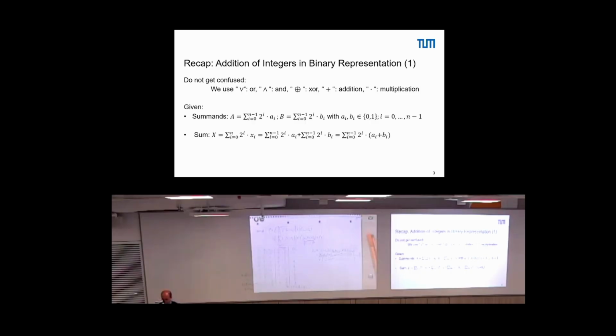is, I just write it once explicitly, AI and BI, or AI and BI bar and CI minus 1, or AI bar and BI and CI minus 1, right?